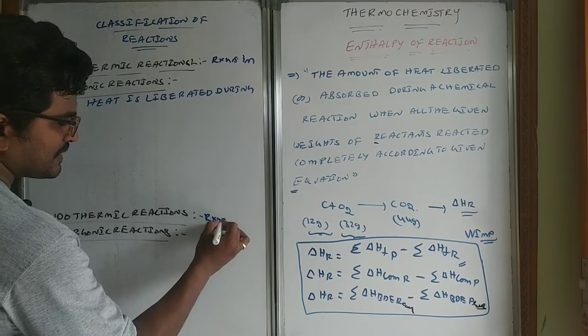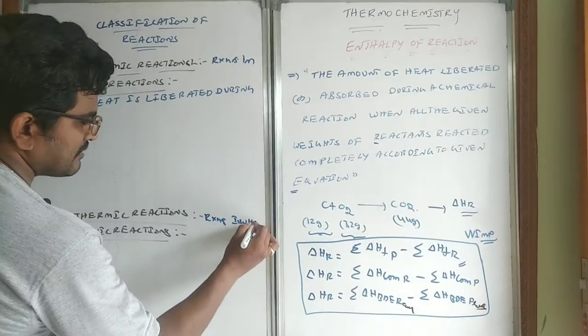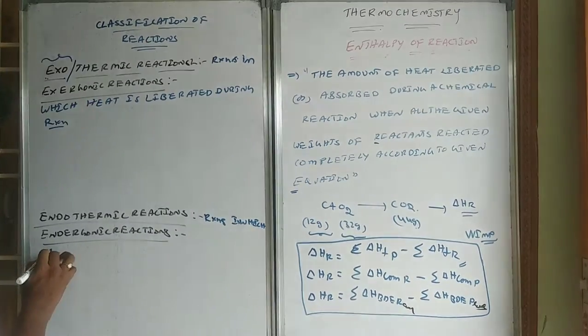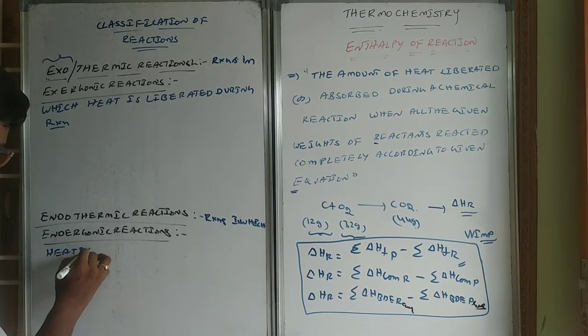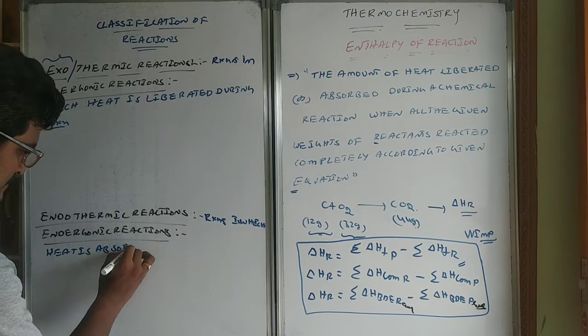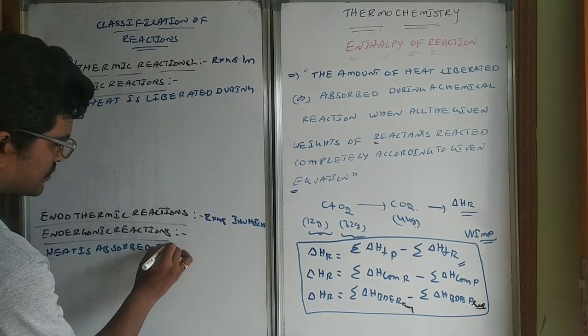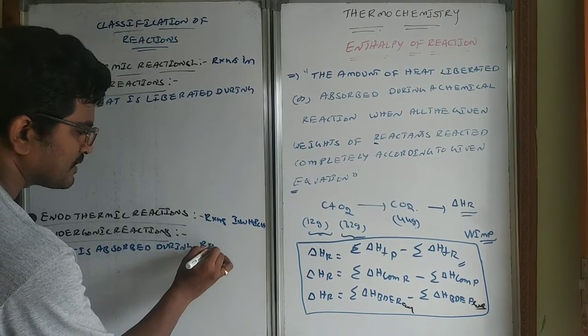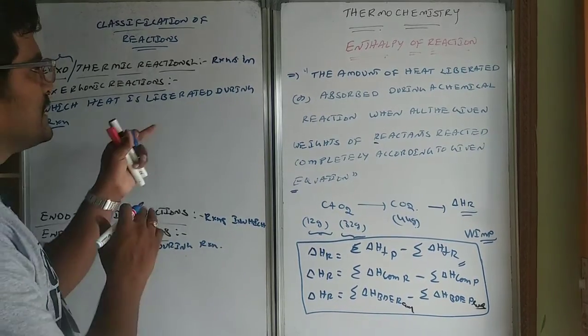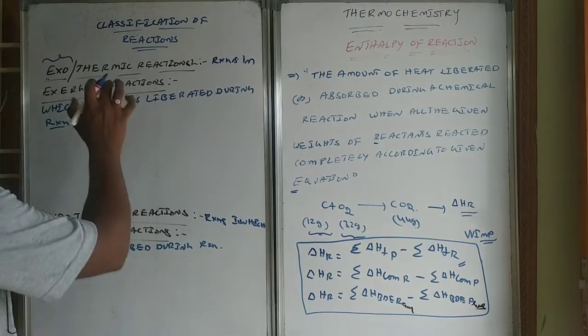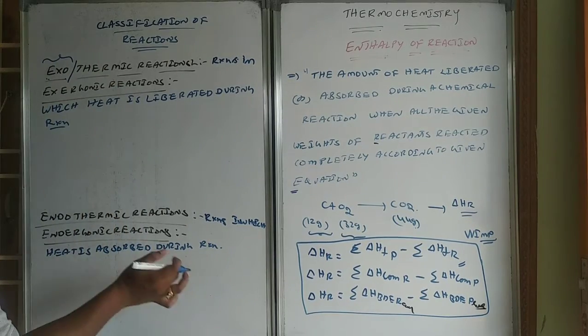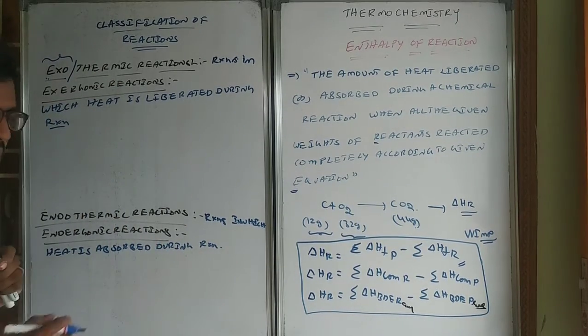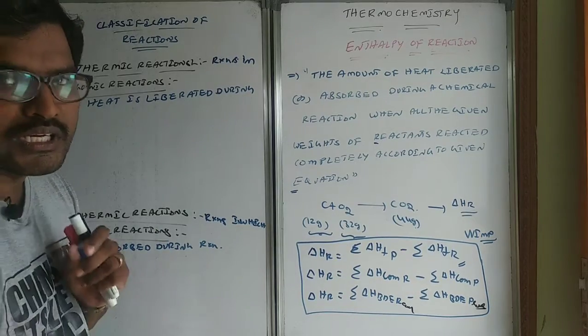Endothermic reactions means reactions in which heat is absorbed during the reaction. So reactions in which heat is liberated are known as exothermic reactions, and reactions in which heat is absorbed are known as endothermic reactions.